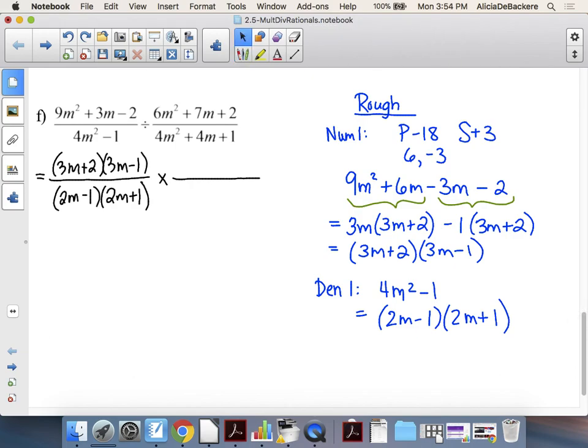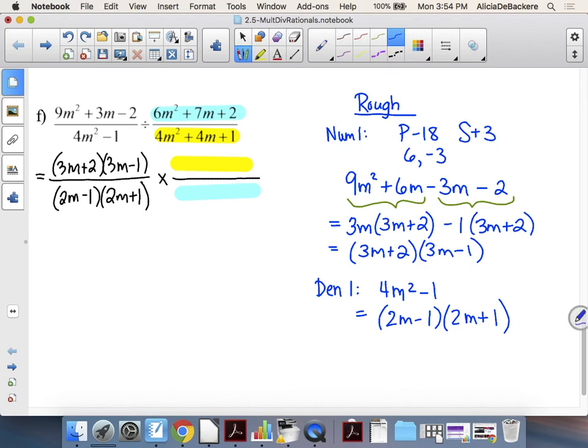What was my denominator is now going to become my numerator. I'm flipping it over, so what was my numerator will now be my denominator. And factoring those, the yellow will factor as a perfect square trinomial.